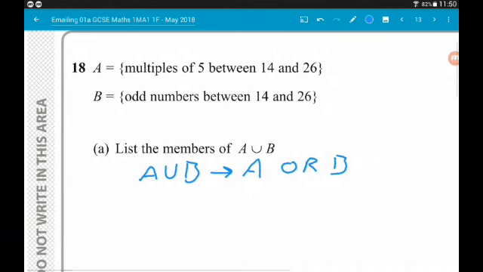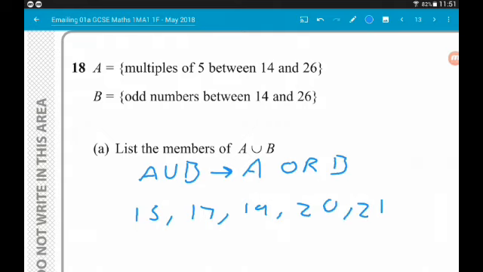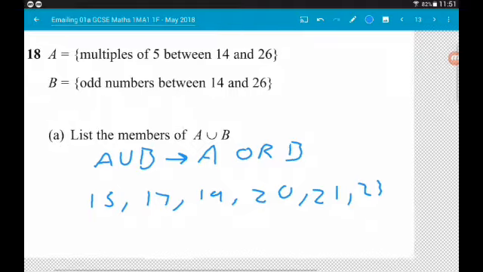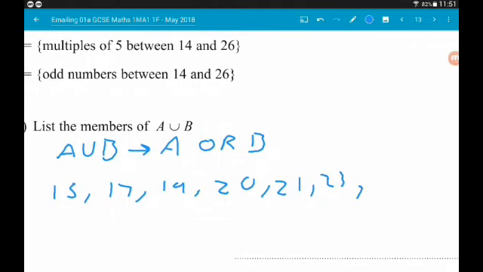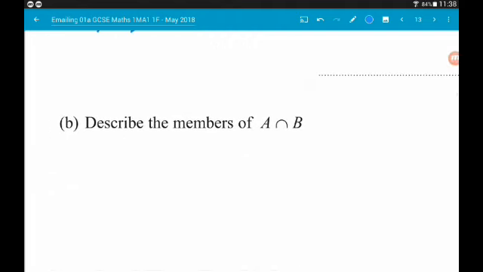So, between 14 and 26, we've got 15, we've got 17, we've got 19, we've got 20, because 20 is a multiple of 5. Then we got 21, 23, and 25. Cool.